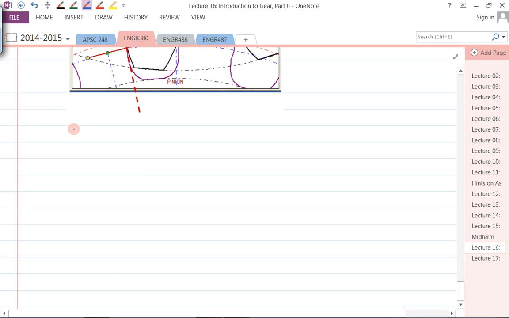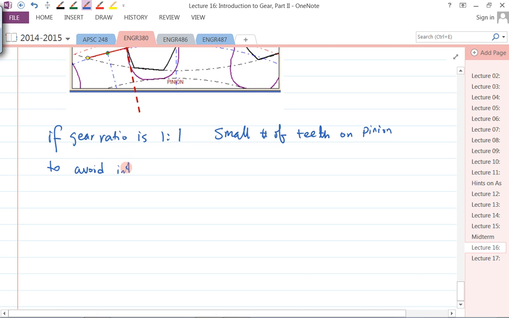So, for example, if gear ratio is 1 to 1, okay, then the smallest number of teeth on the pinion to avoid interference is this.